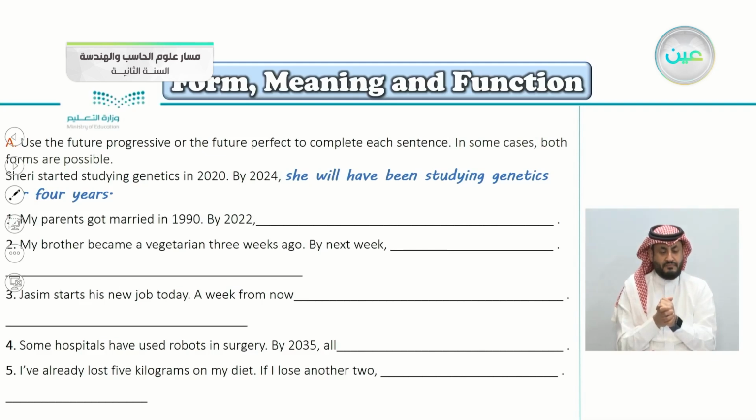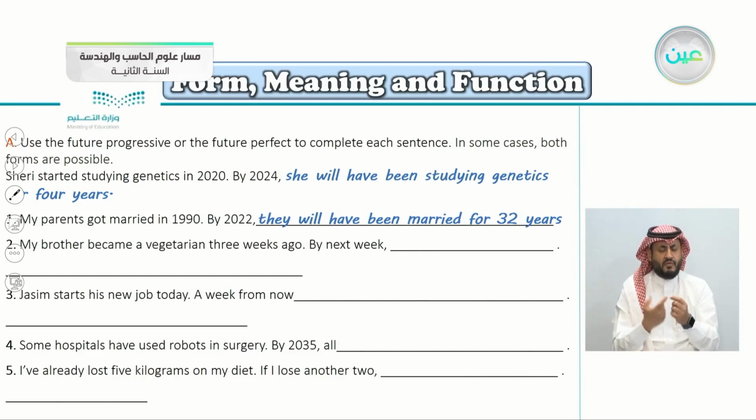So number one, my parents got married in 1990. So by 2022, it's the same answer, but try to calculate how many years here. Yes, they will have been married for 32 years.